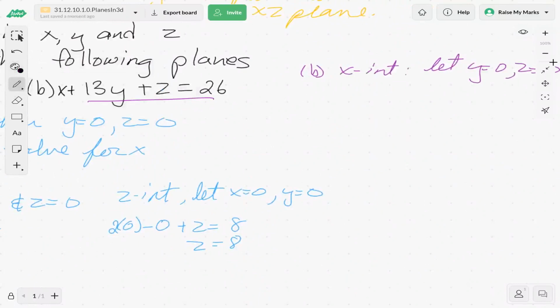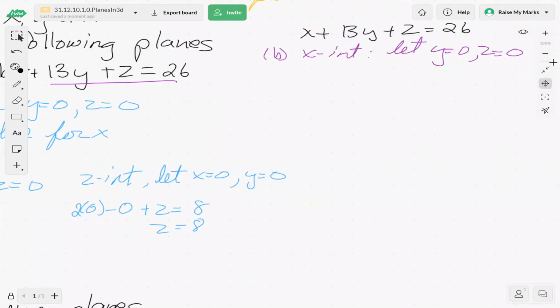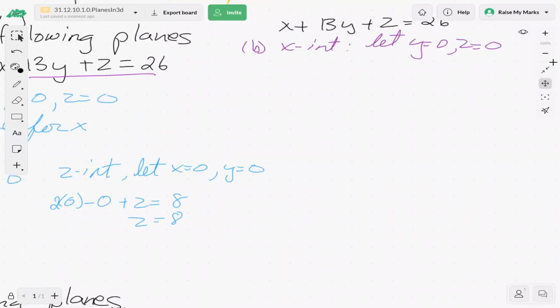Okay. So our plane is x plus 13y plus z equals 26. Trying to think, what is that going to look like? If we didn't have an x there, then we'd have a plane that never intersects the x-axis.